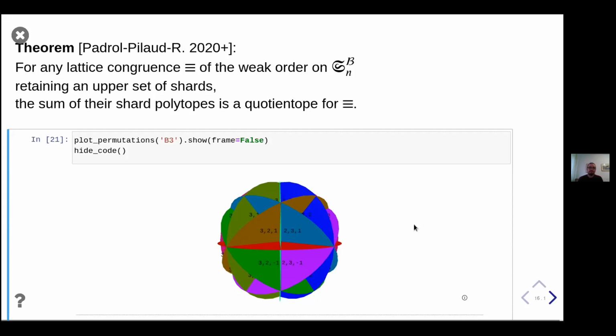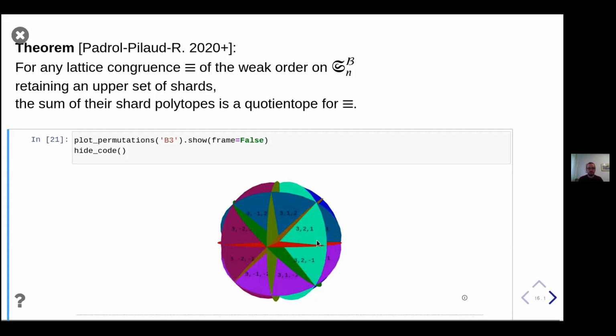But whenever you have a more complicated arrangement, we showed that it is not necessary to construct the quotient hope as a whole directly, but it's easier to find suitable polytopes for each of its shards, then sum them up, obtaining a suitable quotient hope with a nice quotient fan, which is exactly what we wanted whenever a lattice congruence removes some shards and retains some shards. So for other arrangements, I think a first step has been done. Thank you for listening.